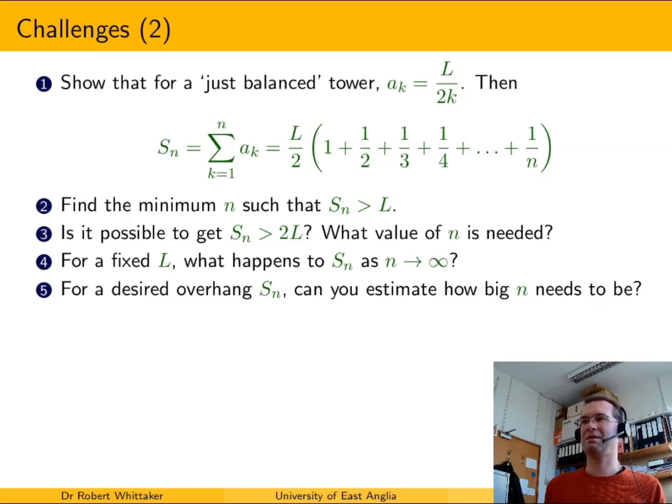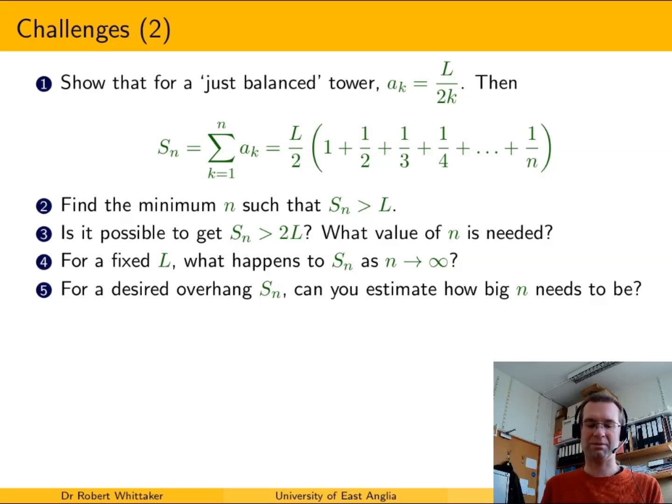And then we could ask, well, is it possible to get an overhang that's 2L? So we've got the top block sort of a block away from the bottom block. And if so, what value of n is needed? We could also think about this formula for Sn and say, well, what happens to Sn as n tends to infinity? So as n gets very, very large, how does Sn behave?